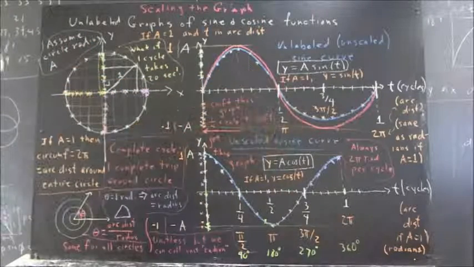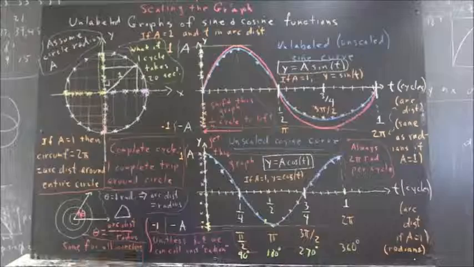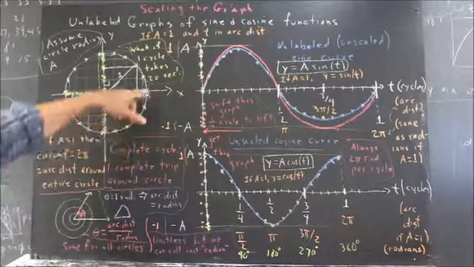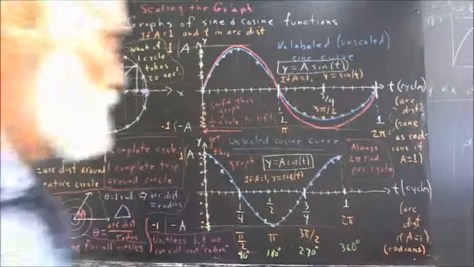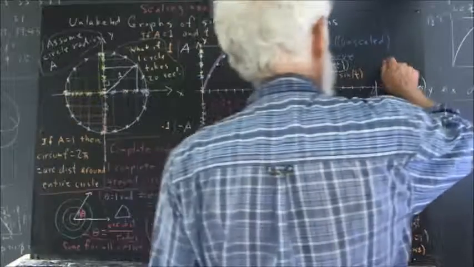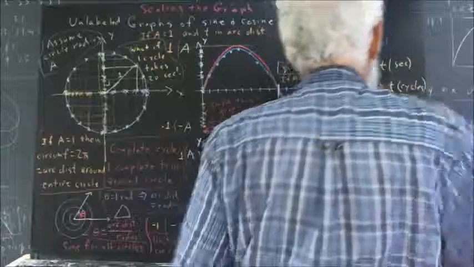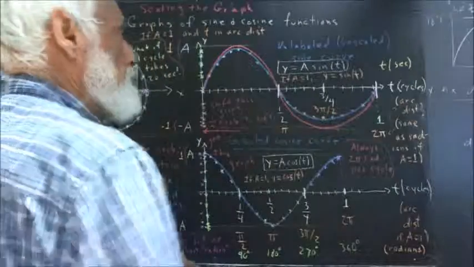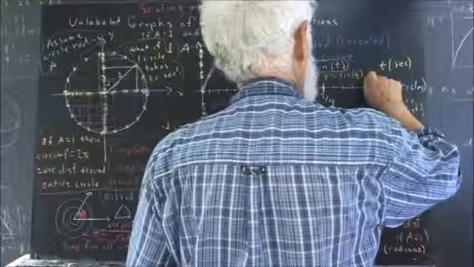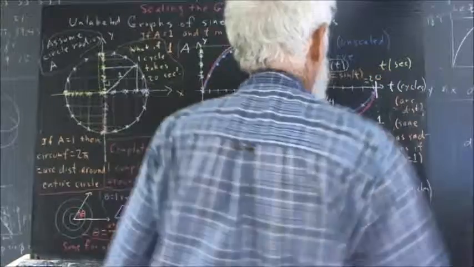And I'm going to relabel this graph approximately with that idea, with the idea that it takes 20 seconds to complete the cycle. Well, in that case, I would have t in seconds, and this coordinate here would be approximately 20.